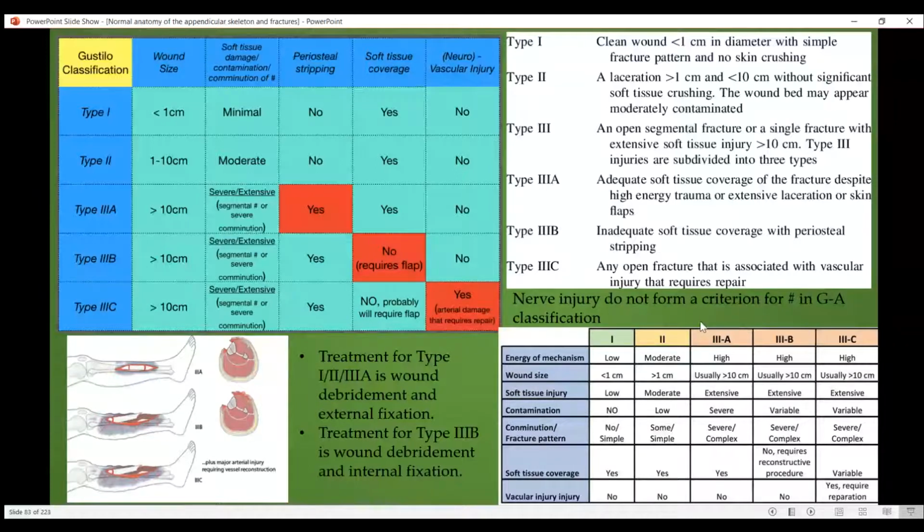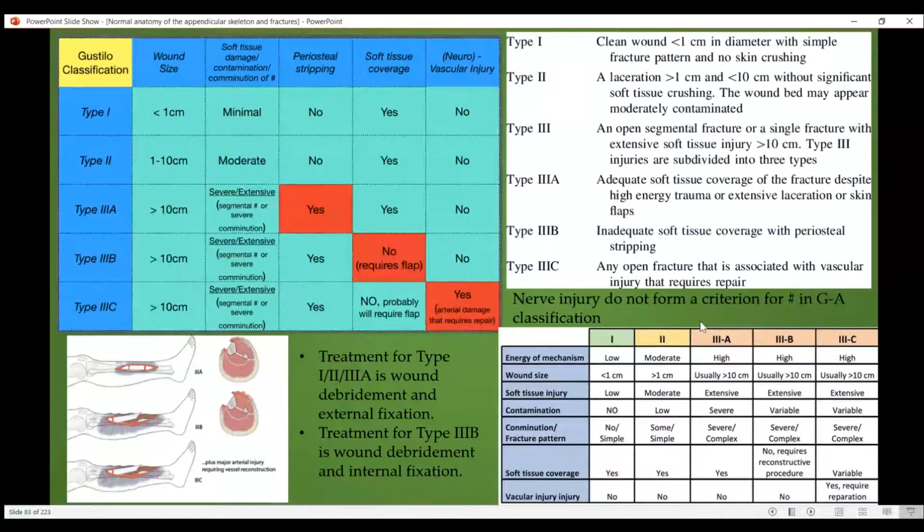The Gustilo-Anderson classification is not made for assessment of nerve injury. Remember that. Nerve injuries will be there in case of fractures, but the Gustilo-Anderson classification does not cover the nerve injury.